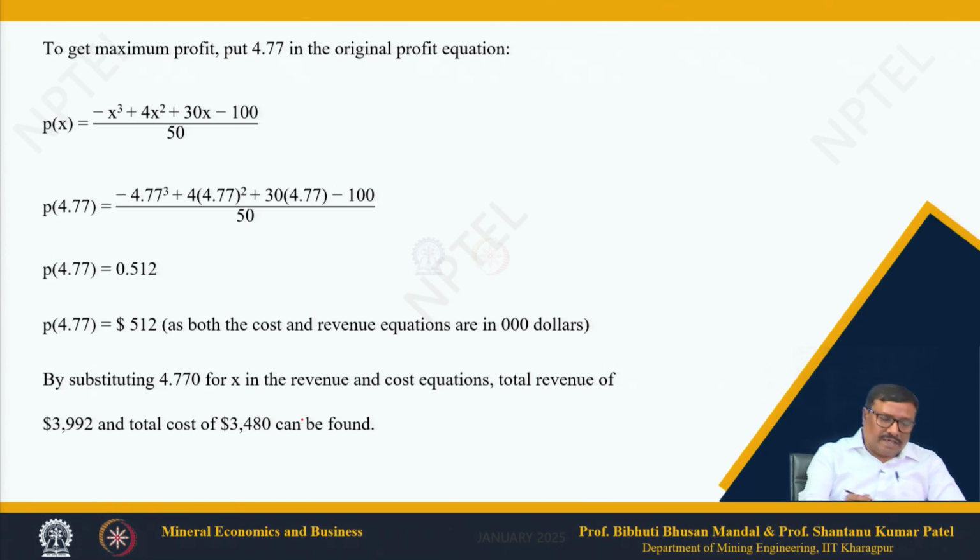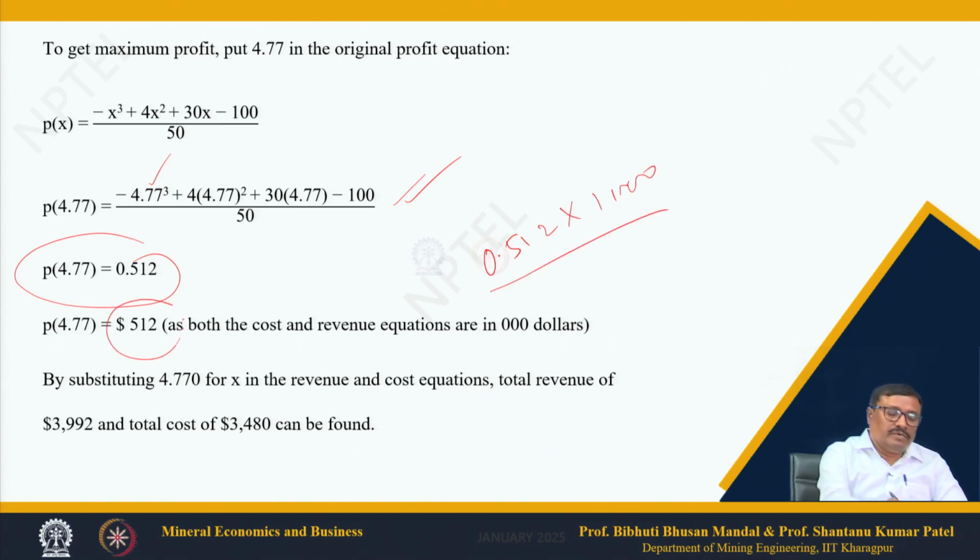In the profit equation, again we put the value of 4.77 in place of x, then solve and simplify, and we get 0.512. So, if it is in 1000 units, the amount of profit will be 0.512 multiplied by 1000. So, this will come to $512, because both the cost and revenue equations are in $1000.